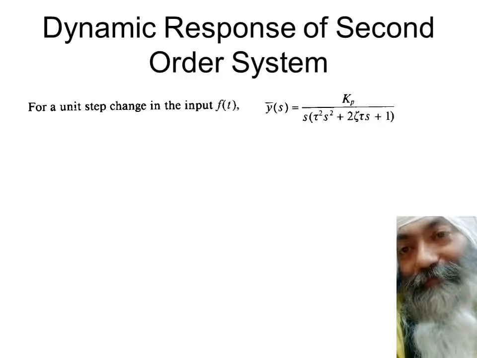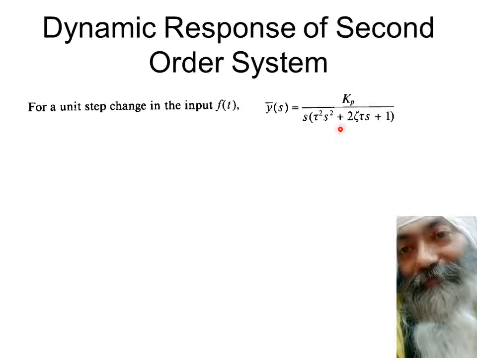Hello friends, we are back and this time we are going to discuss the dynamic response of second order system. So let me recapitulate, or give a recap of whatsoever happened in the last session.